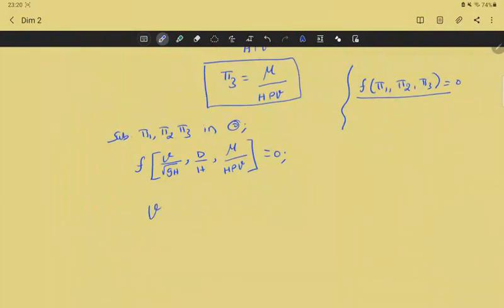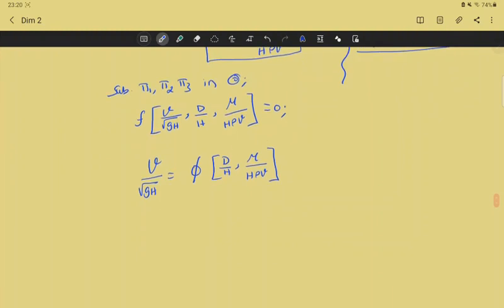So v by root gh, I will take it outside, equals some function phi of d divided by h, comma, mu divided by h rho v. So v equals root gh phi of d divided by h, comma, mu by h rho v.